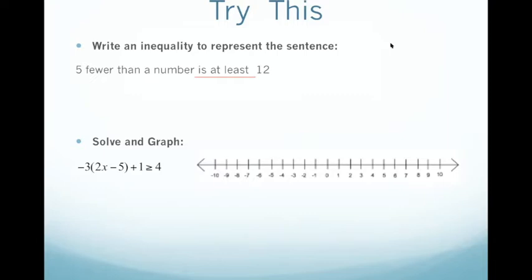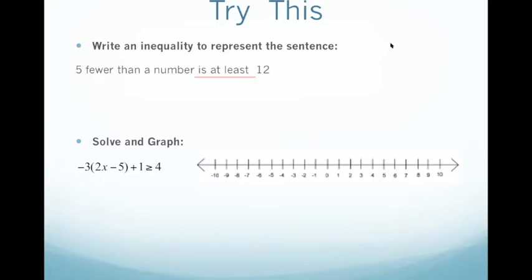Is at least, is at most, is more than, is less than. So if it says is with a comparison, that's going to be an inequality. If it just says the word is, that's going to be an equation. So is like equal, is with a comparison is an inequality.